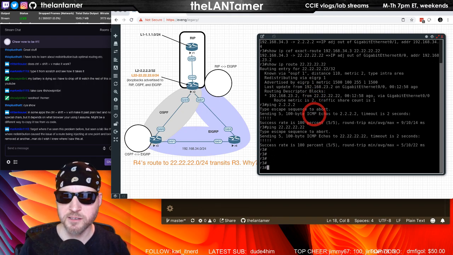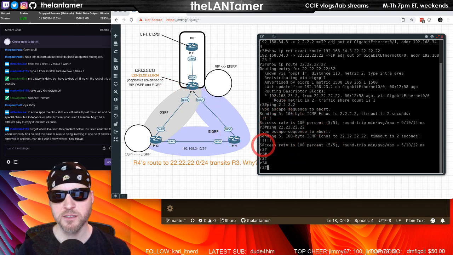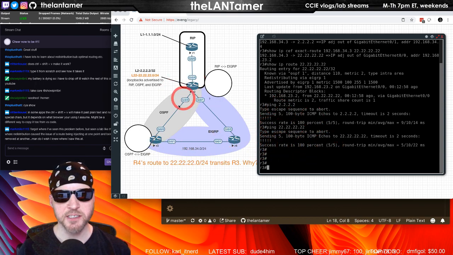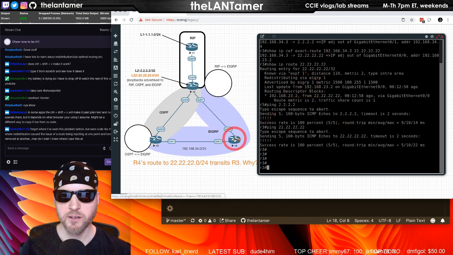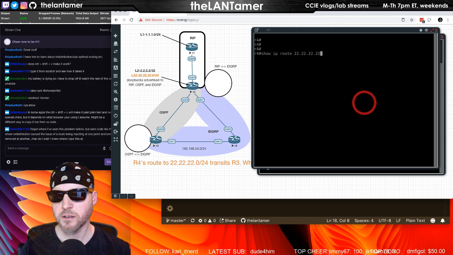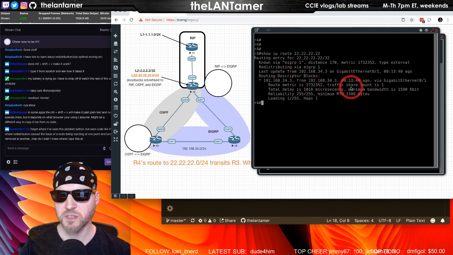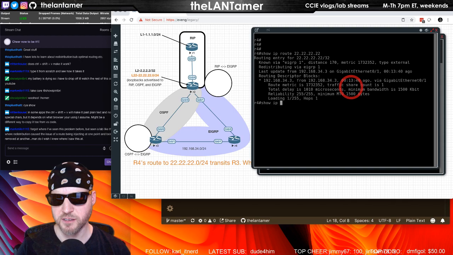Now let's work on the suboptimal routing for 22 first. So basically we have a /32 here on router 3, and on router 4 we also have a /32 with a 170. Okay. Let's look in the EIGRP topology.